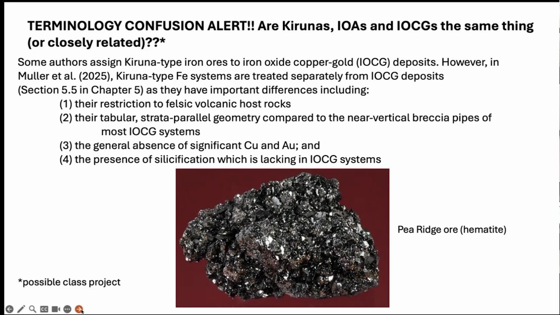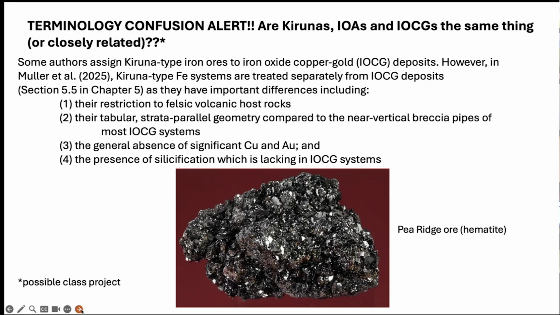So it's easy to see that a BIF is different than a Kiruna because Kirunas are associated with felsic volcanics, structurally complicated. They're different than BIFs, which are sedimentary. But now these other things with different names, nobody's gone through and said, should this be 1 deposit type or 3 deposit types?